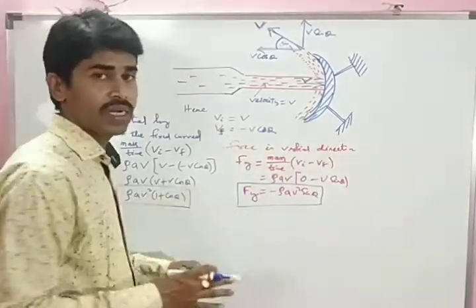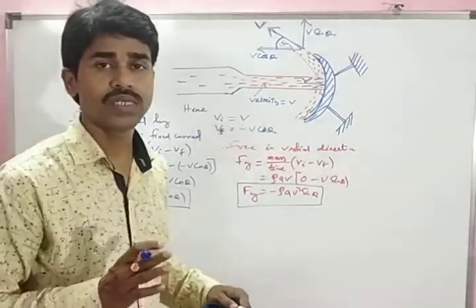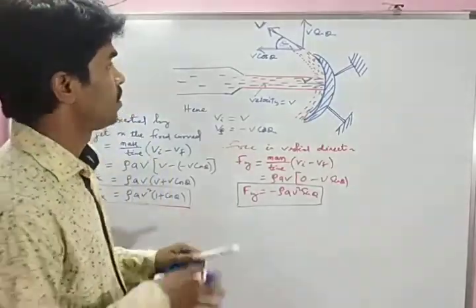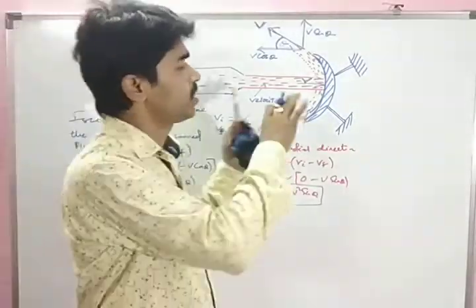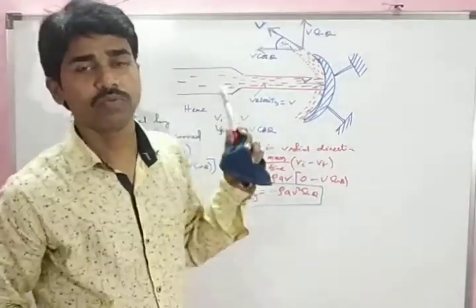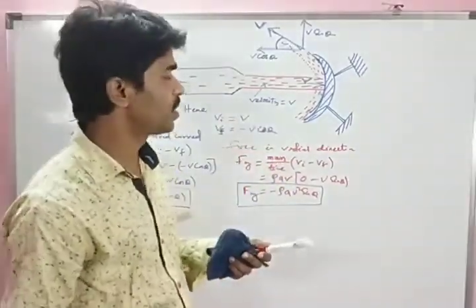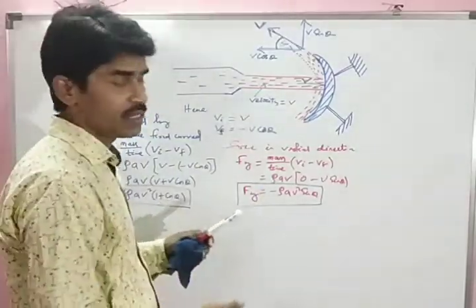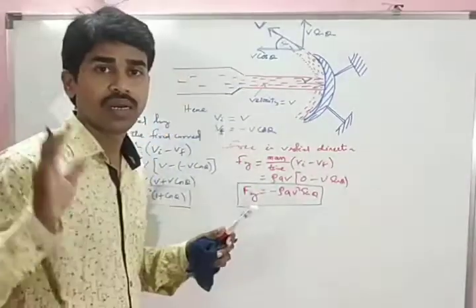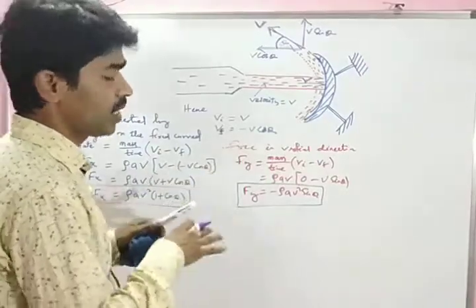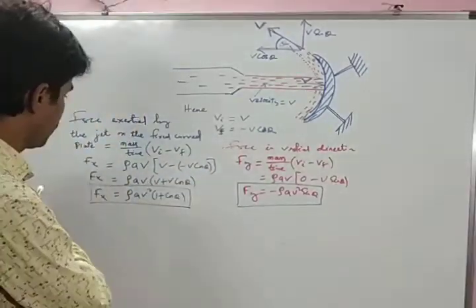The negative sign means the force is in the downward direction. Remember this simple concept: negative sign means the vertical force is in the downward direction.